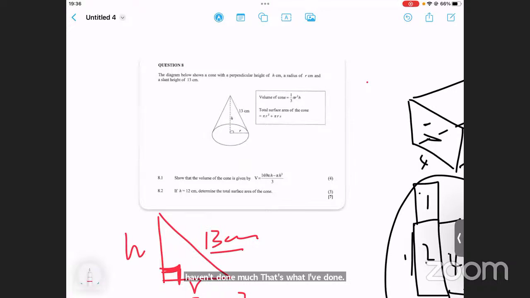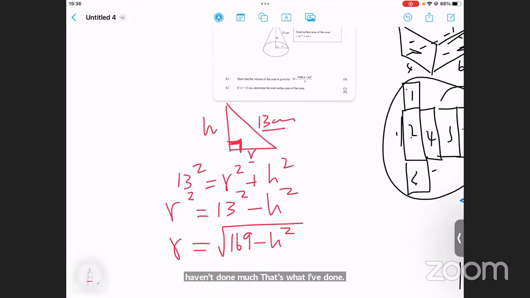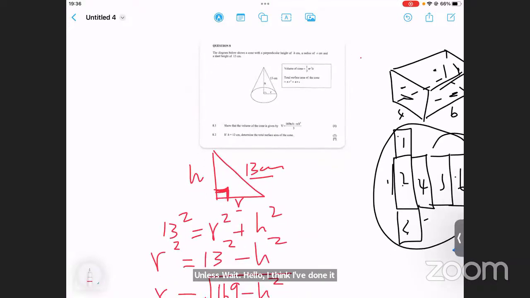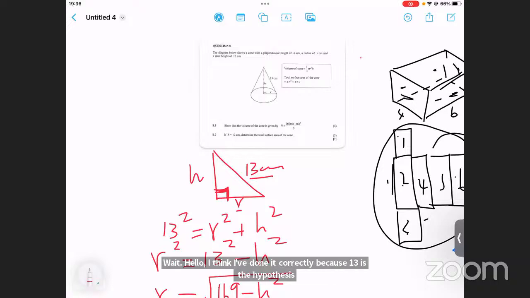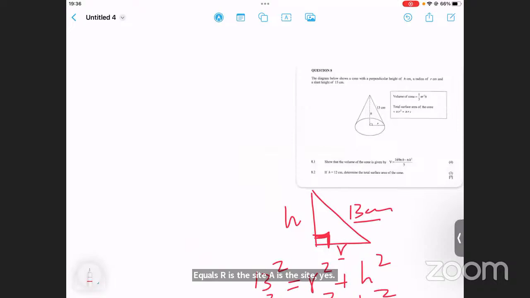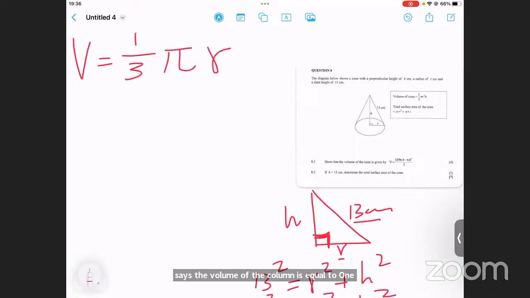Unless, wait. No, I think I've done it correctly because 13 is the hypotenuse, r is the side, h is the side. Yes. So now let's see, what is the formula? The formula says the volume of the cone is equal to 1/3 pi r squared h.